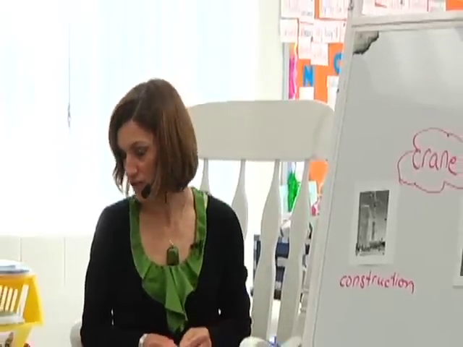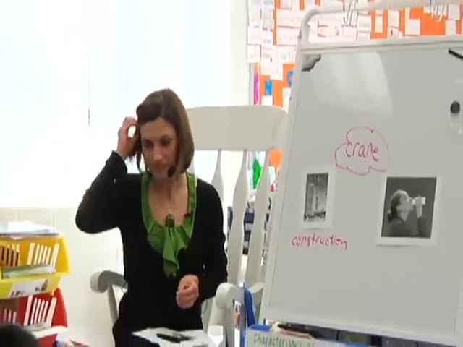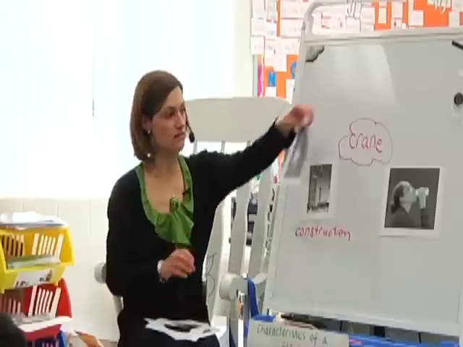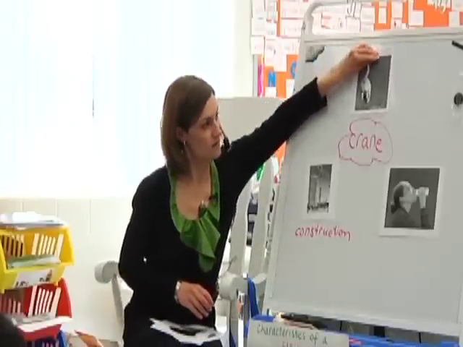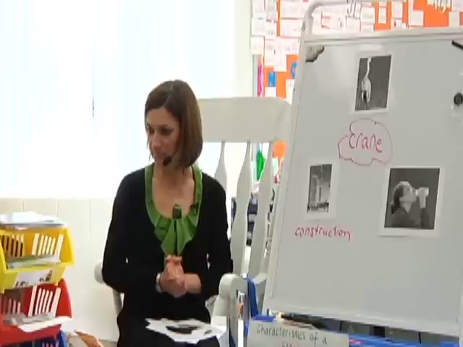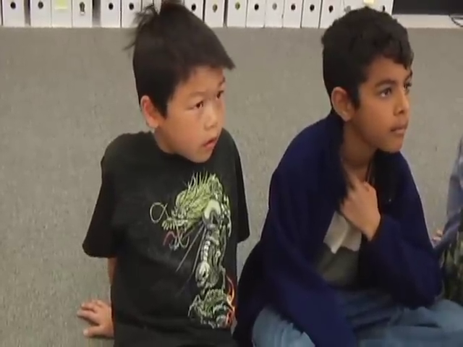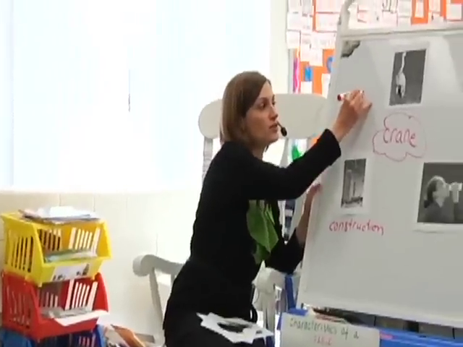But there's another kind of crane as well. This is also a crane. What kind of animal do you think that might be? A kind of bird? Yeah, a kind of bird. Good job. So we have a bird.